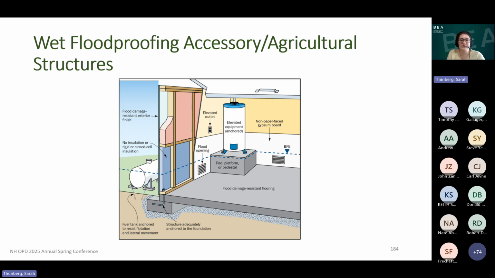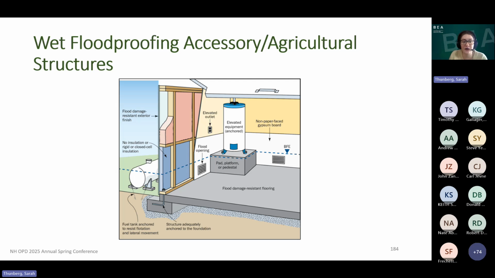So this is just a little diagram showing wet floodproofing. So here are what I call the flood vents. Generally it's right up against the ground. So this is where the ground surface would be. And if you have a floodwater that is up to this dashed line, then it will allow water to flow in.